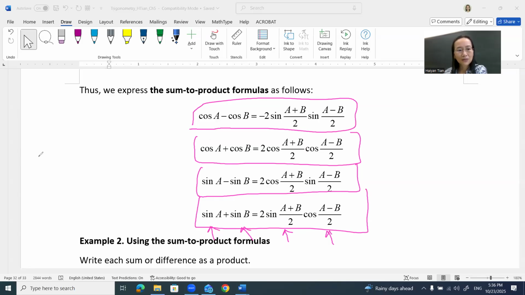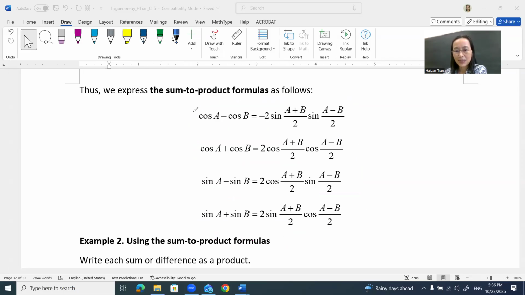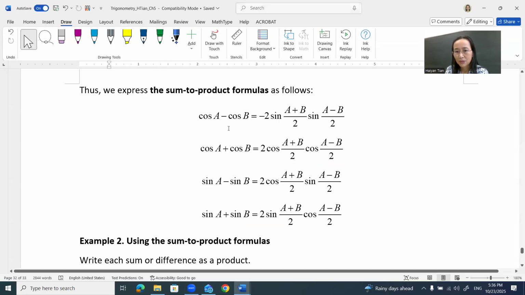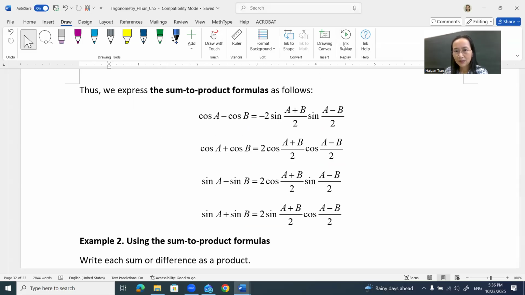And then we get 4 new formulas. The purpose of each formula is to convert from a sum or a difference into a product form. So this group of formulas will allow us to convert from difference or sum to product.